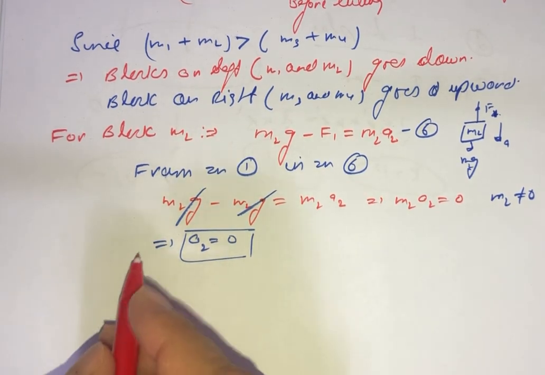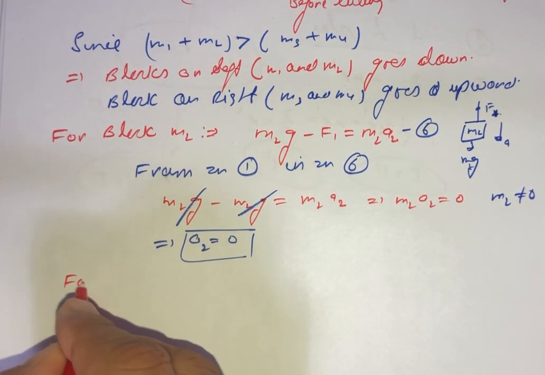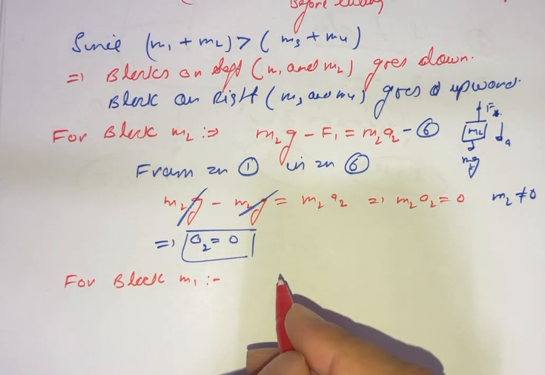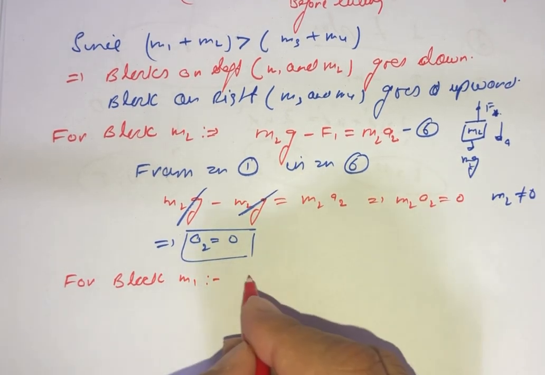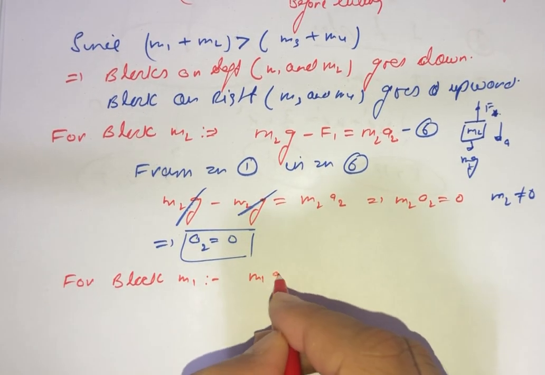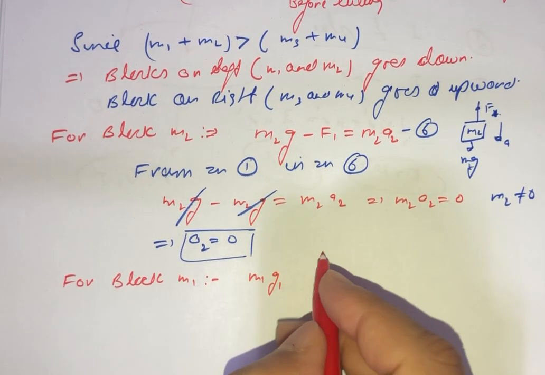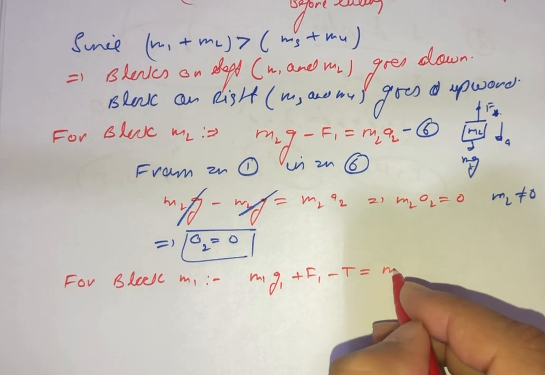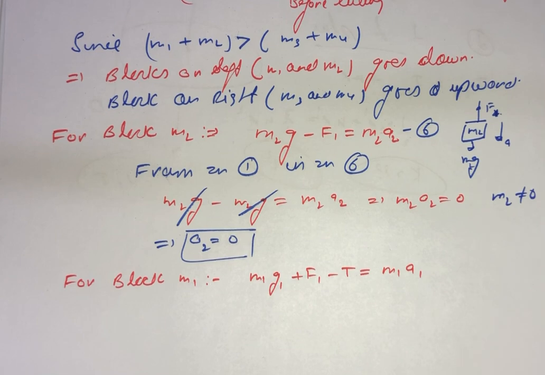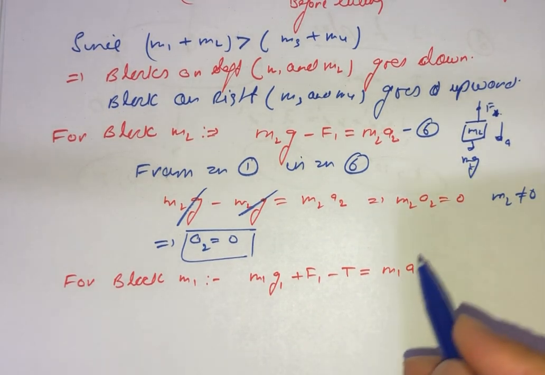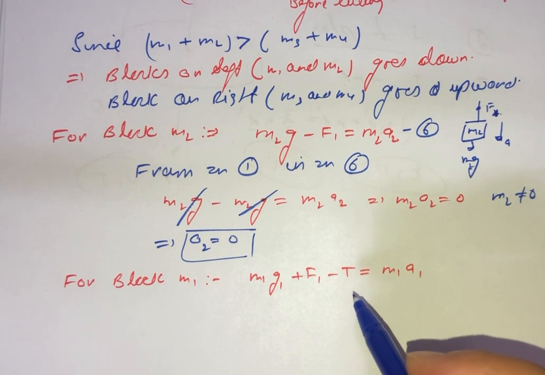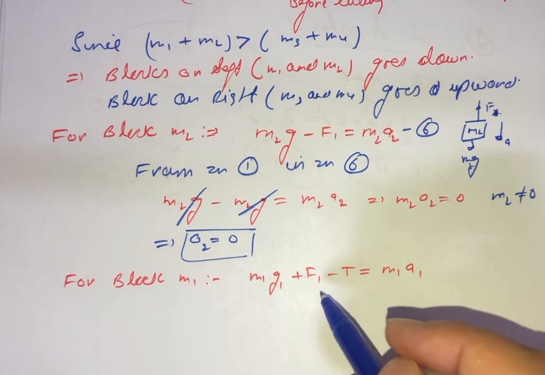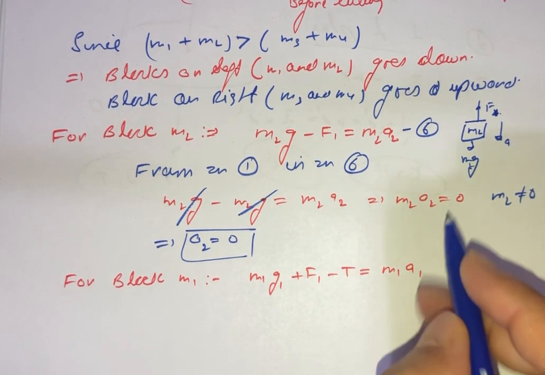Now similarly we do for block M1. For block M1 we have M1G plus F1 minus tension is going to give us M1 A1, and we already know the tension. We also know the value of F1. Let this be equation number 7.